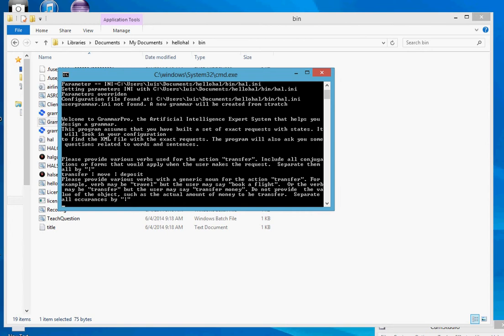We'll get there in a minute, but we might say then transfer money or transfer funds or even make a transfer, where in this case the word transfer becomes a noun as opposed to a verb.